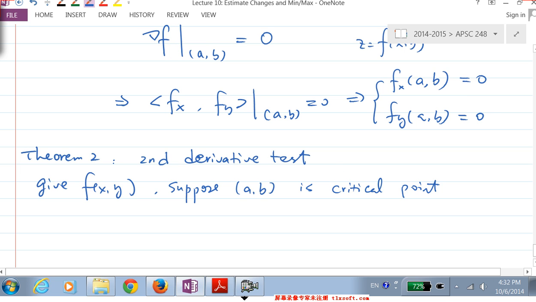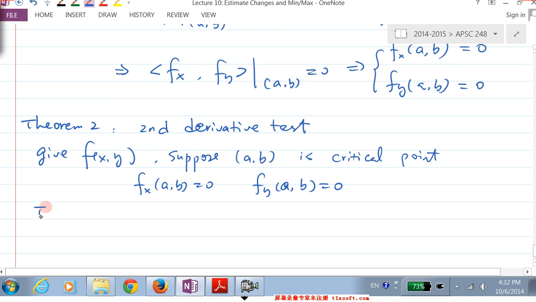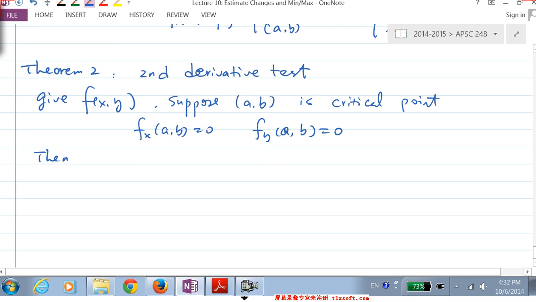If AB is a critical point, as we just said, which basically means the first derivative test, this equal to 0 and this equal to 0, right? That's the first derivative test. And then the following four rules will guide us in terms of whether it's a local min, local max, or saddle.